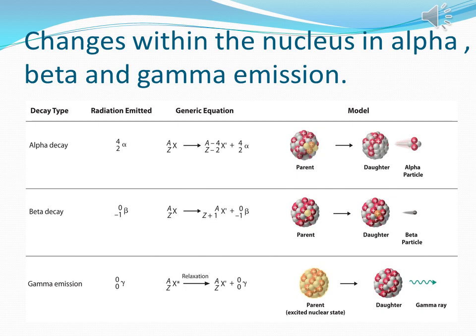Hence, the nucleus does not decay into a different nucleus. That is, there is no change in the mass number A and atomic number Z of the nucleus in gamma emission. The star indicates the excited state of the nucleus. Thus, in gamma emission, the excited nucleus comes to its ground state.